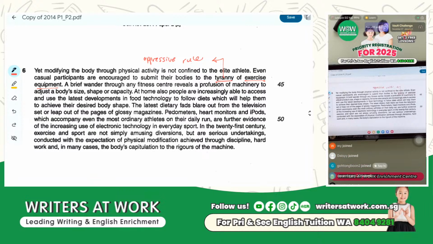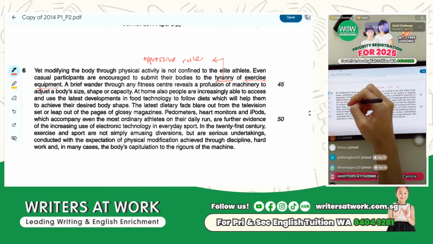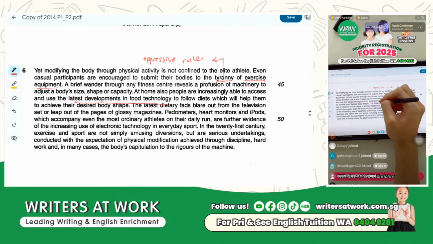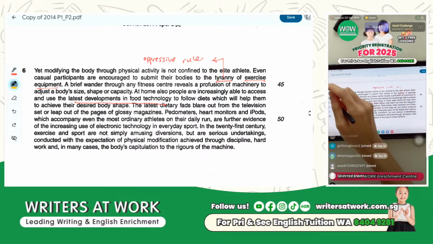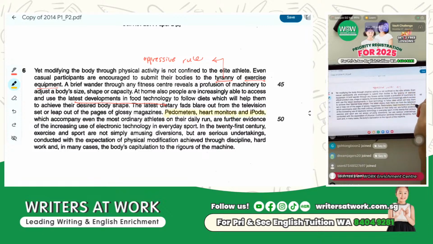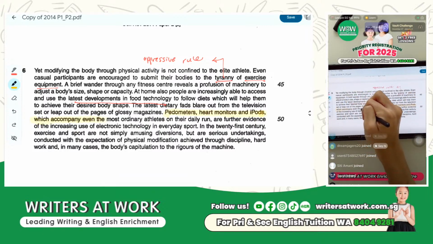Okay, so we also observe how they also try to follow the latest developments in food technology. So we are following diets to ensure that we can keep healthy in a body shape that is good. And we also have all these technology that accompanies us as we go for runs and our daily routine of exercise.